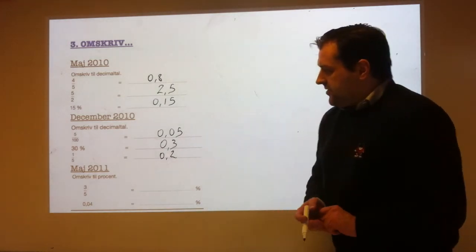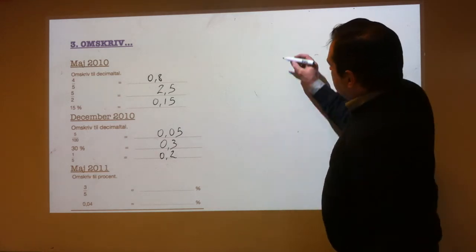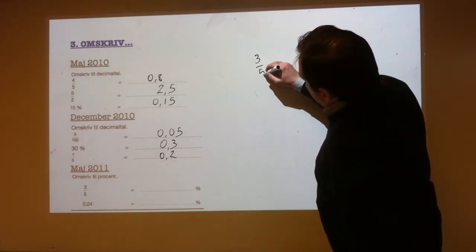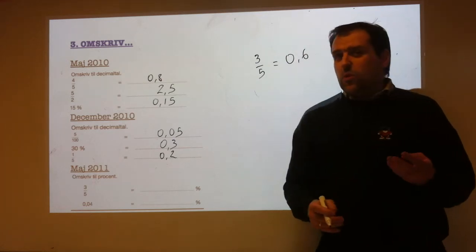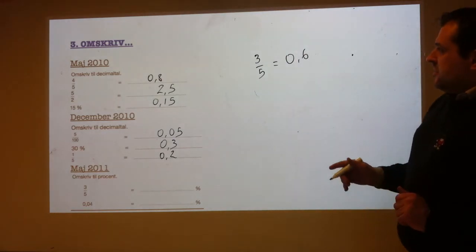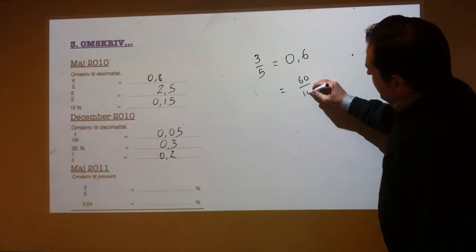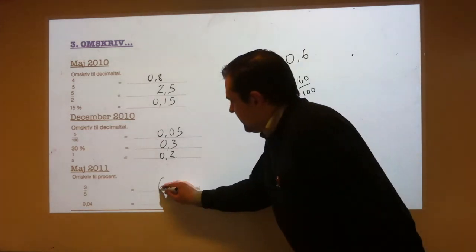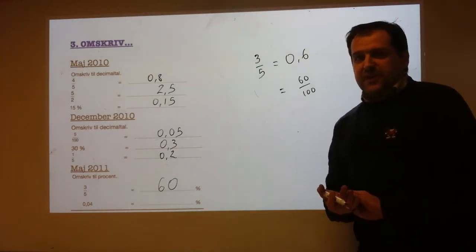Then we've got May 2011, write as percent 3/5. Well, 3/5 is 0.6, because I know that 1/5 is 0.2, and that's the same as 60/100ths or 60%. 3/5 is 60%.